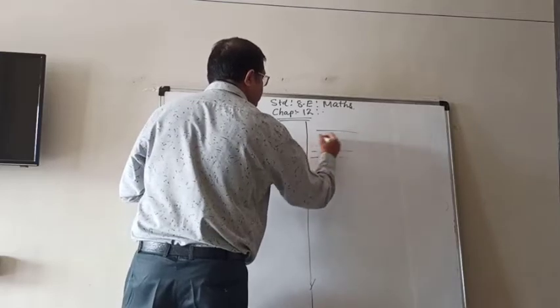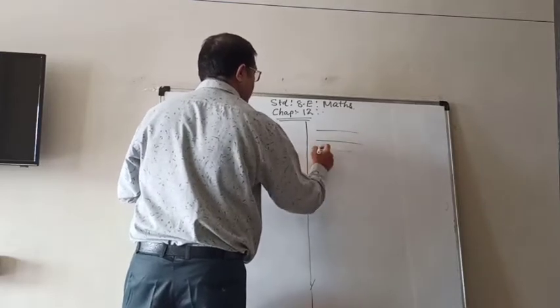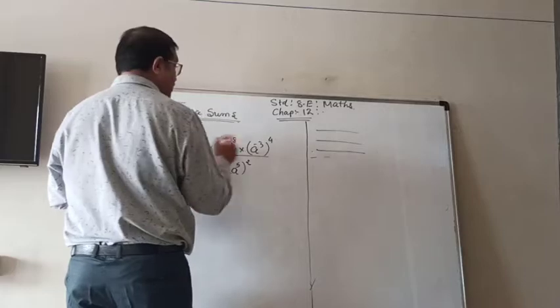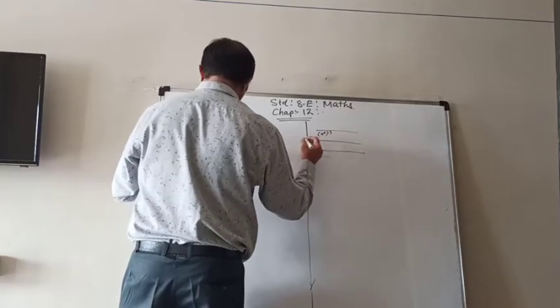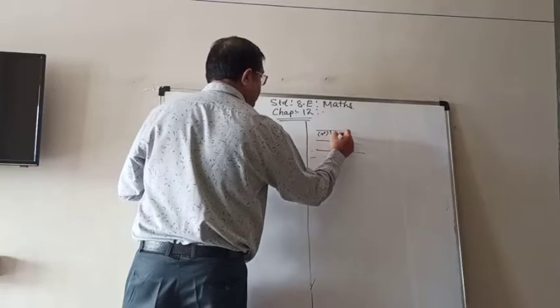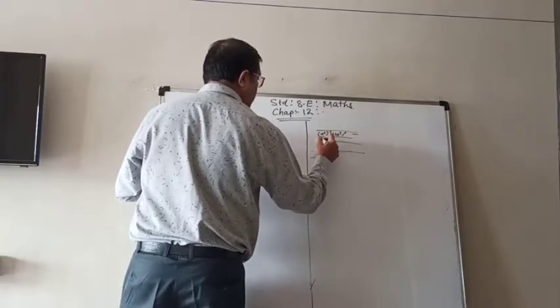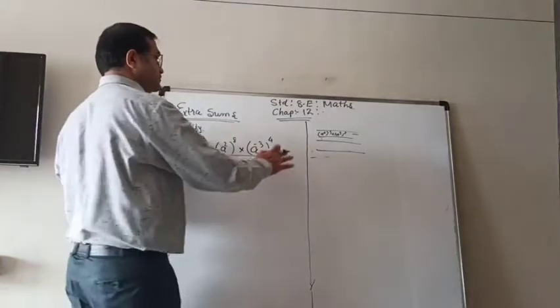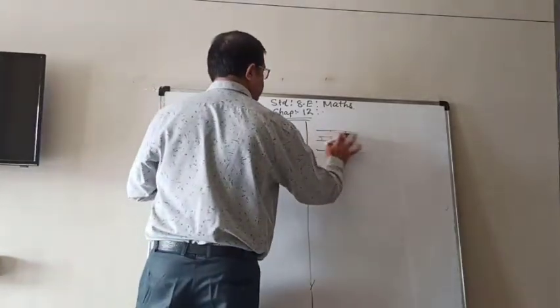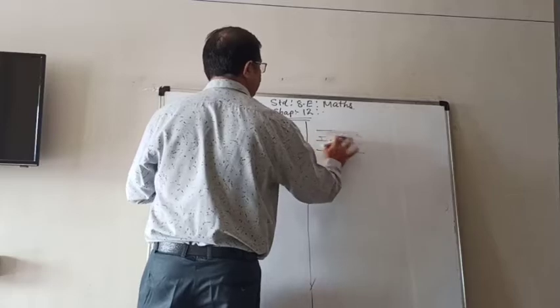Suppose this is the line, and you write a raised to 6 cube multiplied by a raised to blah blah blah, all in the same line. Don't do that. It looks very congested and very untidy.